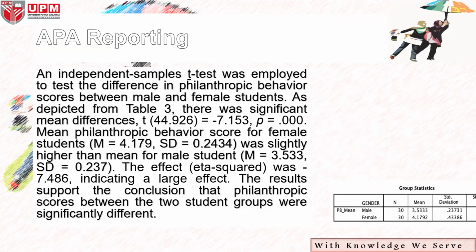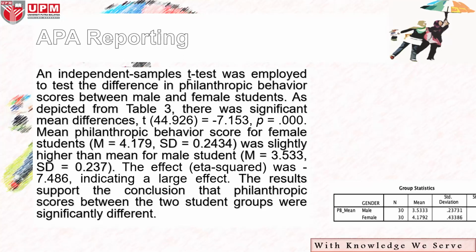An independent sample t-test was employed to test the difference in philanthropic behavior scores between male and female students. As depicted in Table 3, there was a significant mean difference, T equals negative 7.153, significant P equals 0.000. The mean score for female students, 4.179, standard deviation 0.2434, was slightly higher than for male students, mean 3.533, standard deviation 0.237.